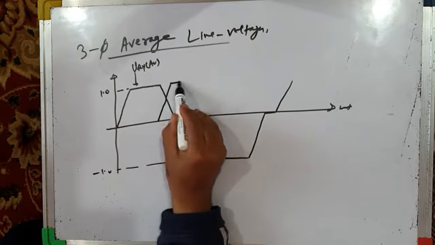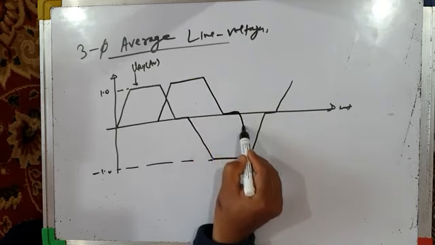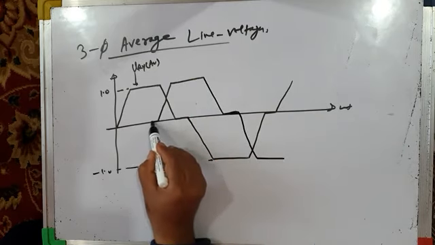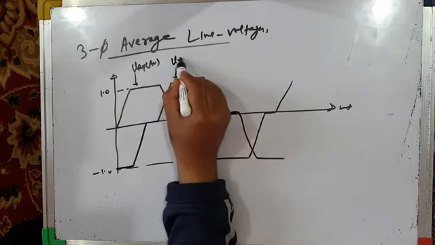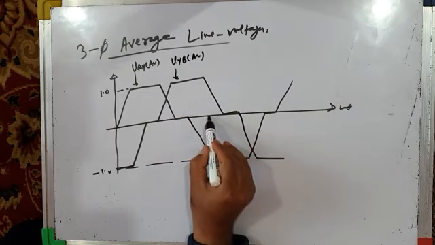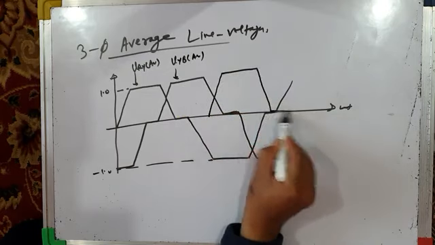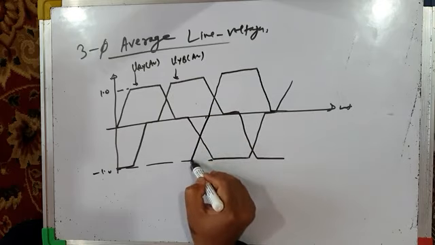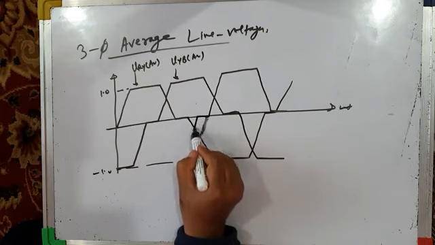Similarly, this is VYB average, and this is VBR. Sorry, it will be 0 for some time.